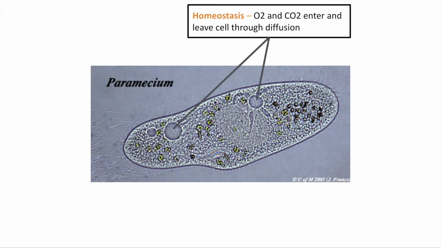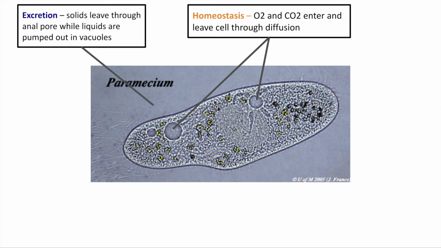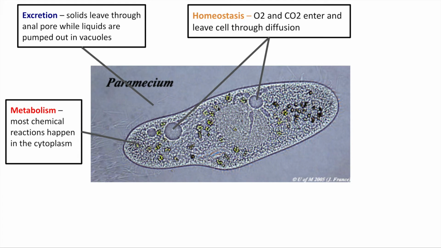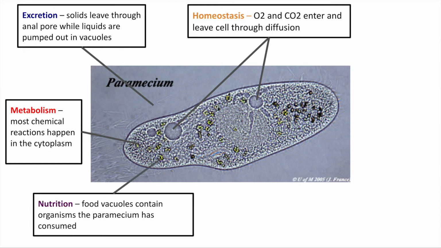So homeostasis, oxygen and carbon dioxide enter and leave the cell through diffusion. Excretion, solids leave through the anal pore, meanwhile liquids are pumped out in the vacuoles. Metabolism, most chemical reactions take place in the cytoplasm, where there are enzymes which help to speed up these chemical reactions.